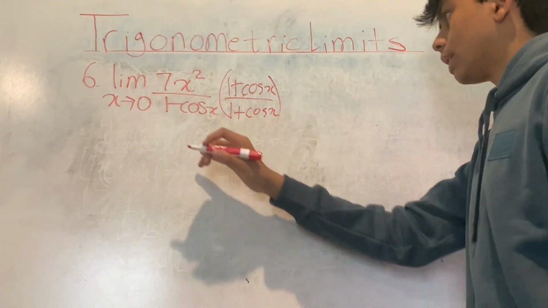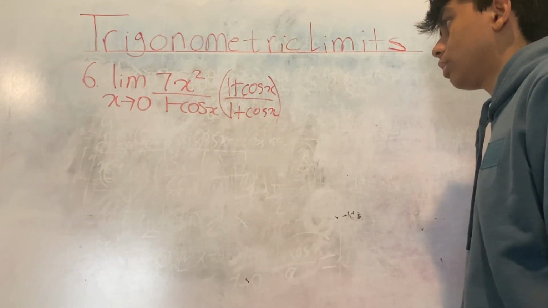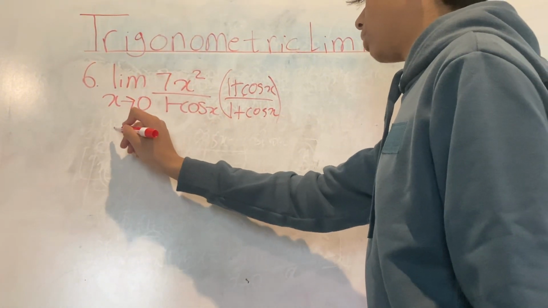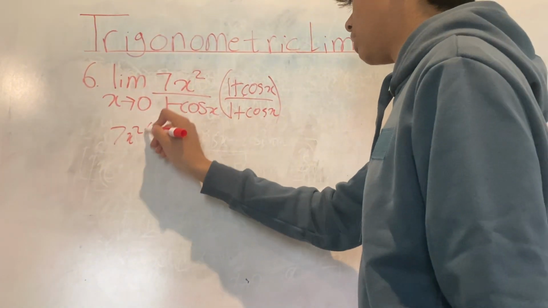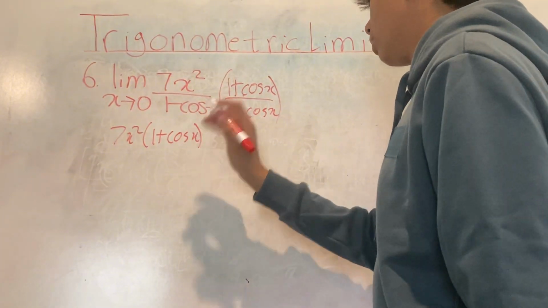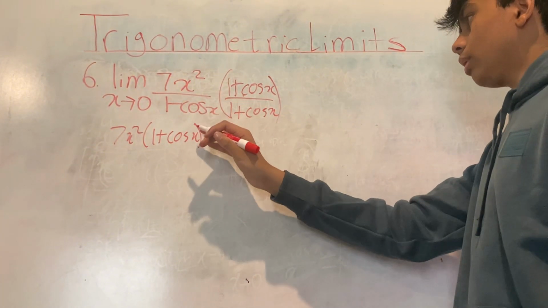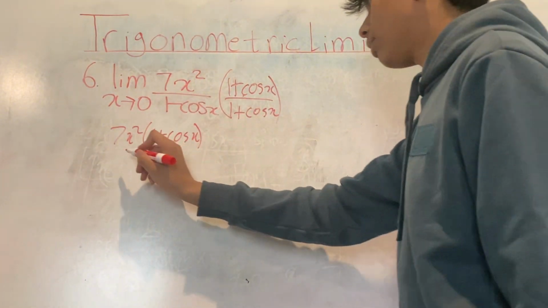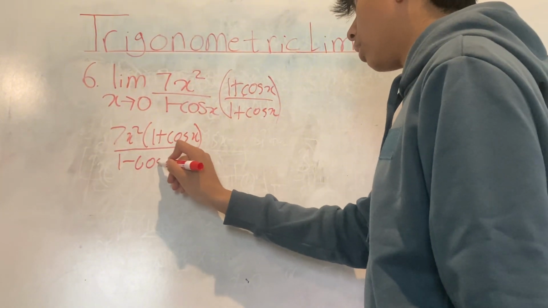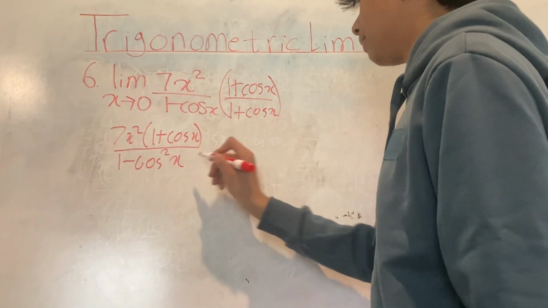And now, let's just multiply the denominator first. So we'll keep the numerator the same, 7x squared times 1 plus cosine x. So we're not going to do anything with that. And the denominator is just going to simplify down to 1 minus cosine squared x.